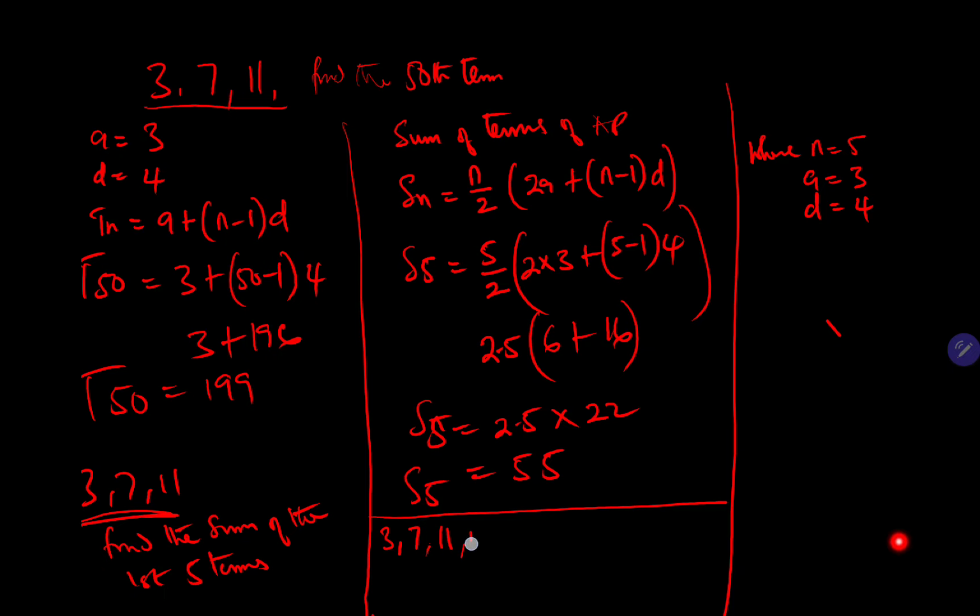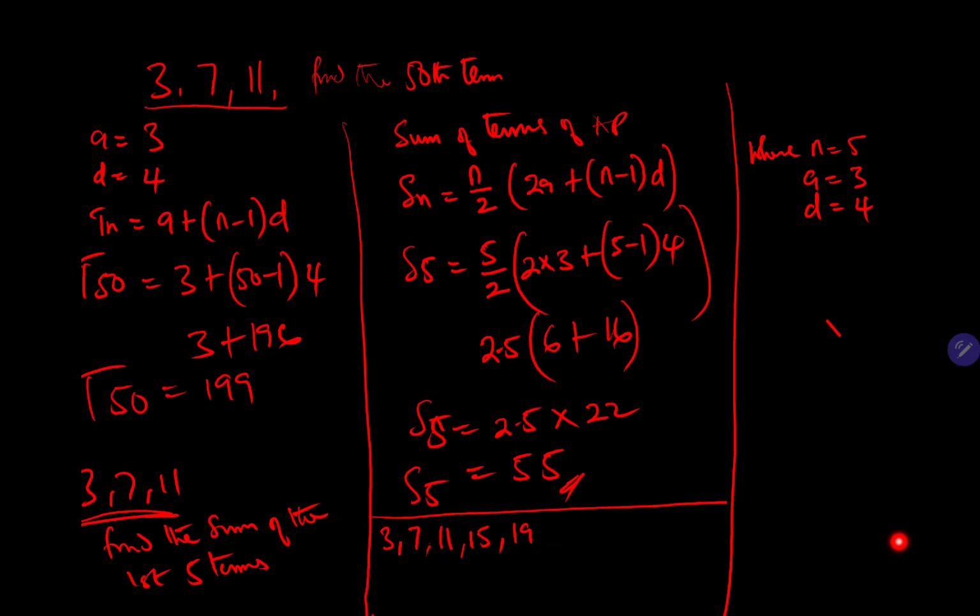So 11 plus 4 is 15, and the fifth term will be what? Plus another 4, 19. Okay, so let's sum up these first 5 terms and see if it's going to give us 55. If it gives us 55, then we are good. If it doesn't, then I have to apologize to you.